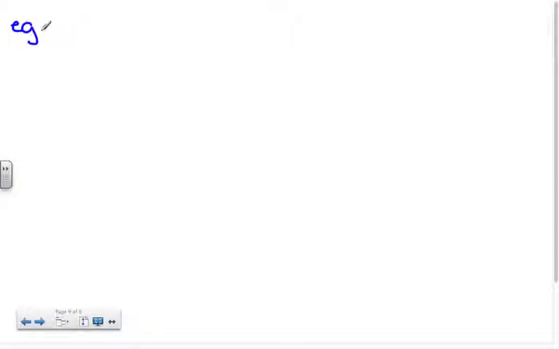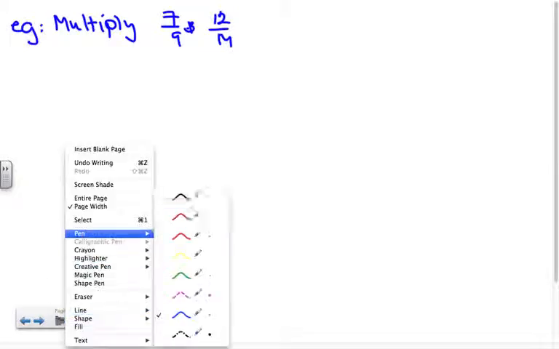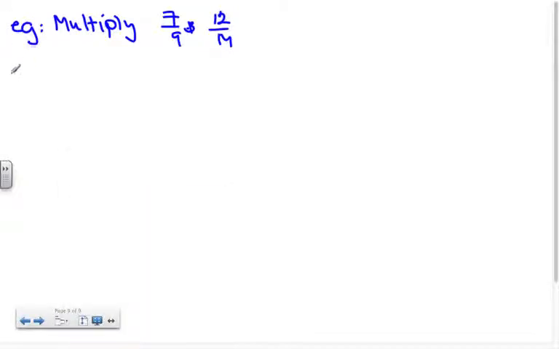So let's multiply 7/9 and 12/14. Okay. Our solution for that is to use the rule.